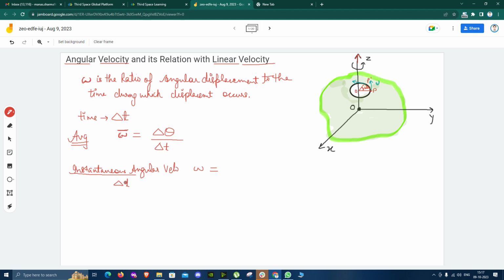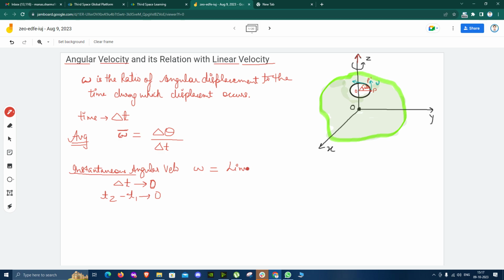It's simply delta t approaches 0, so t2 minus t1 will be approaching 0 for a particular instant of time. So we'll write it as a limit.